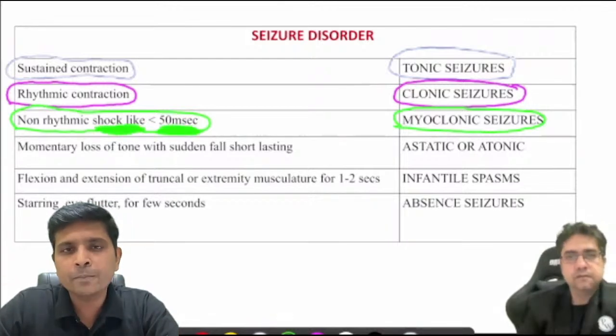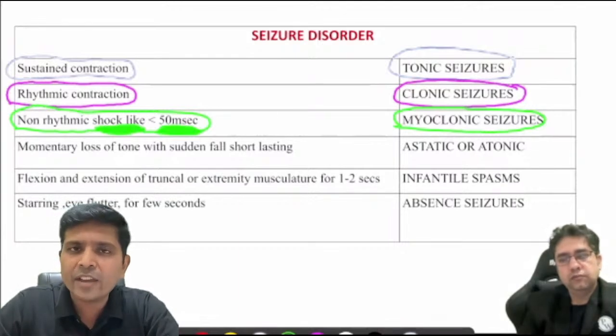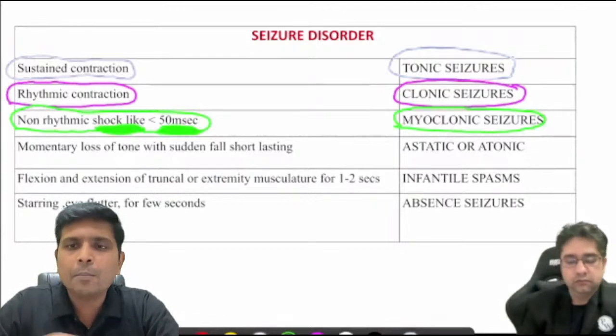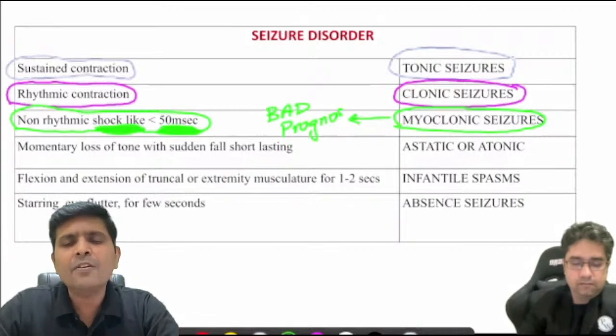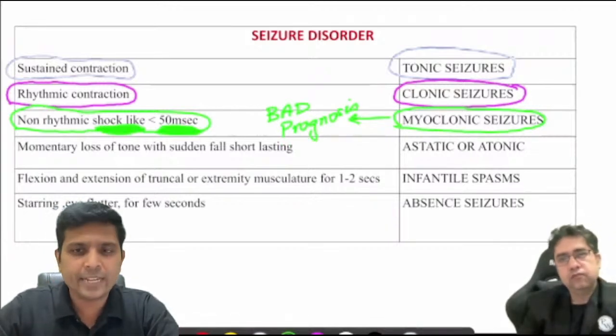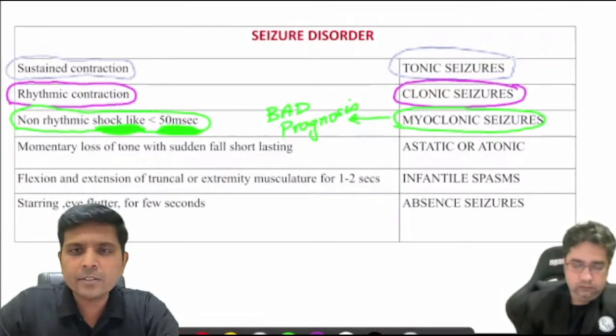Remember, my dear friends, among all these seizure types, the one which has a very bad prognosis is myoclonic seizures, and often in the pediatric age group, it is associated with inborn errors of metabolism. Then, what is called astatic or atonic seizure?